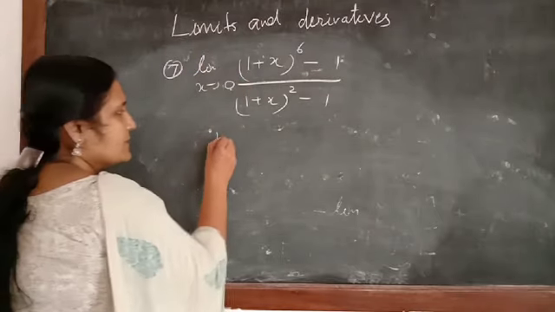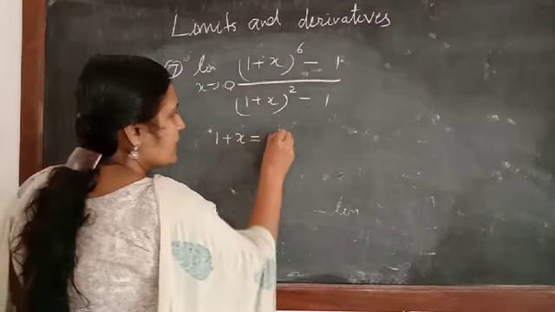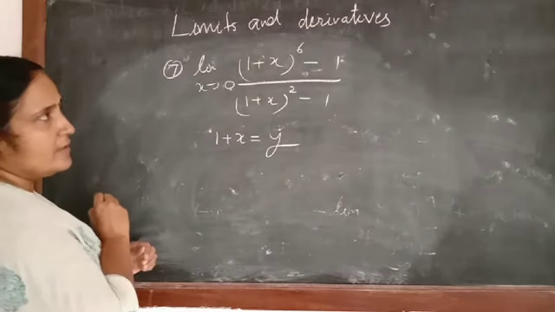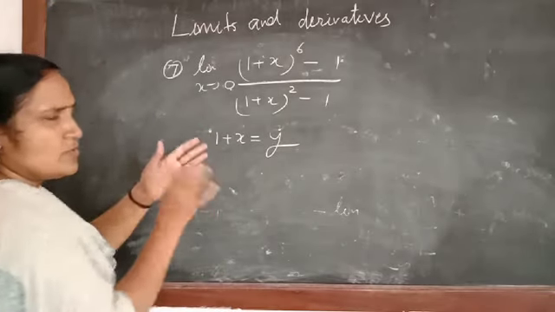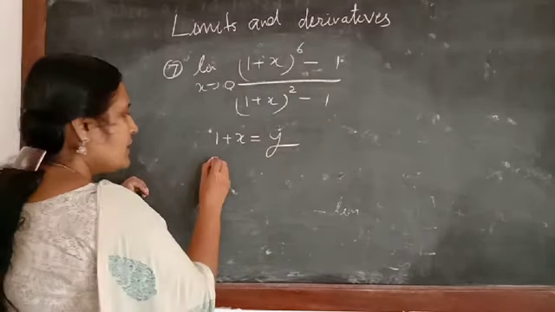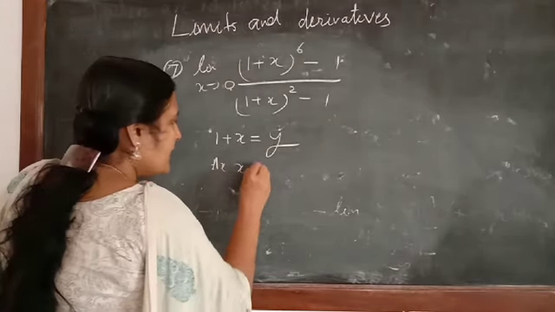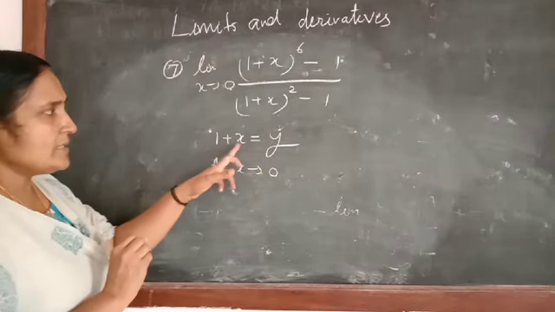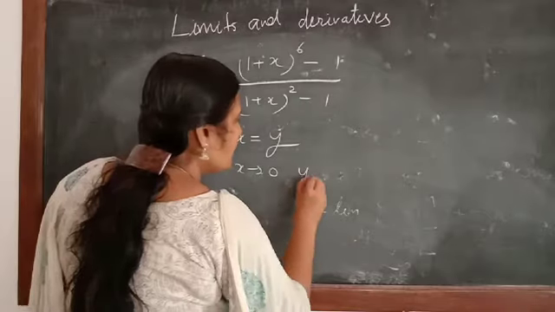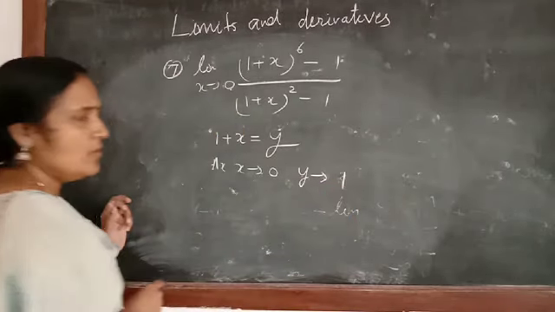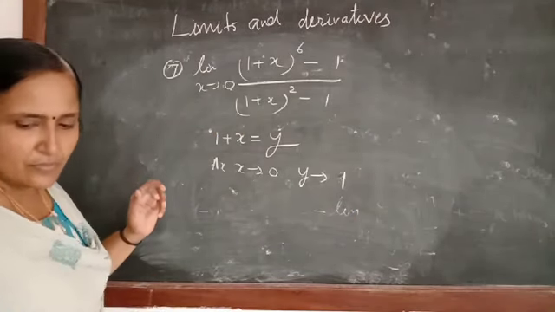So again we will substitute, taking 1 plus x as y. Here we don't have x, so you don't have to write x also. Now change the limit. When the value of x is equal to 0, what will be the value of y? y tends to 1.